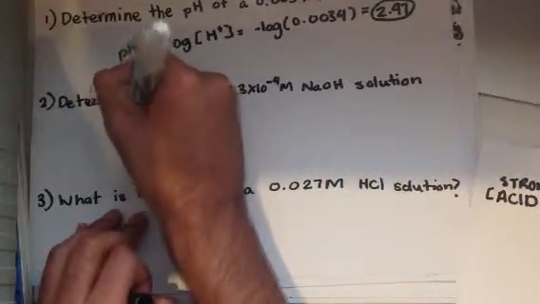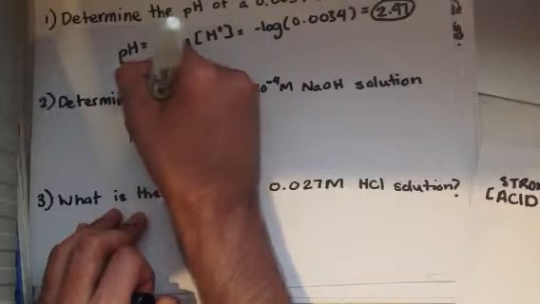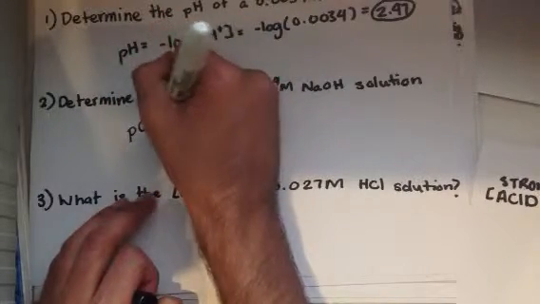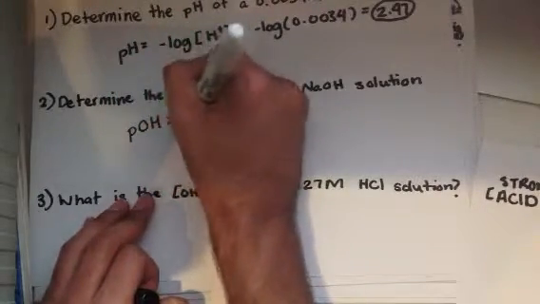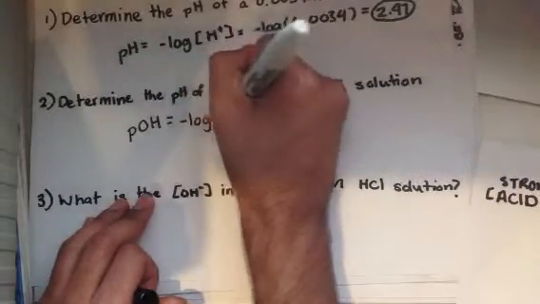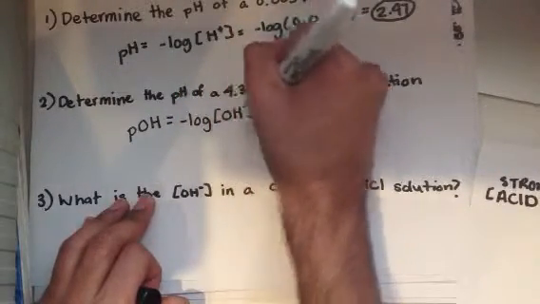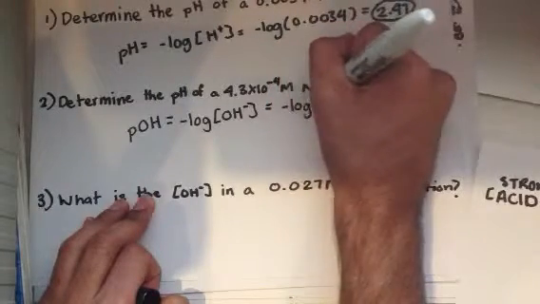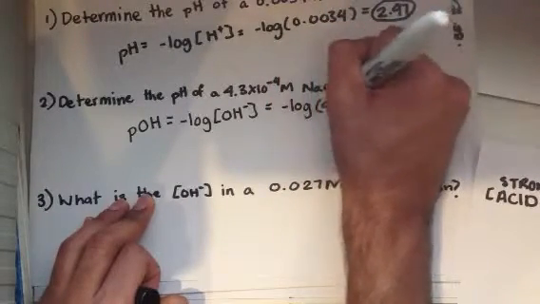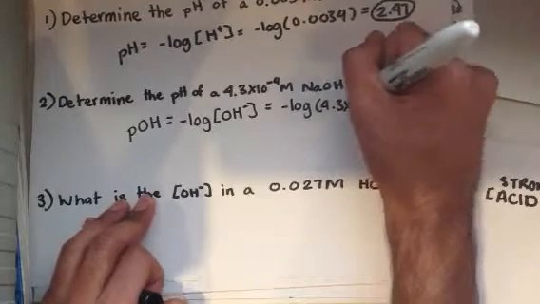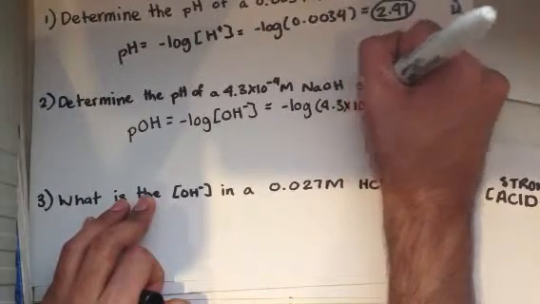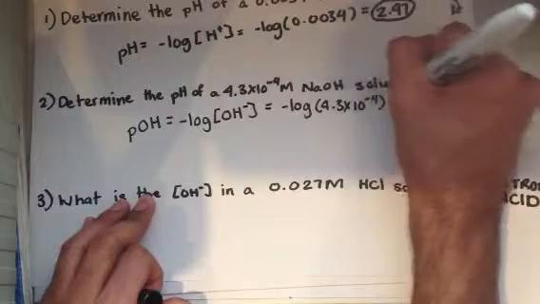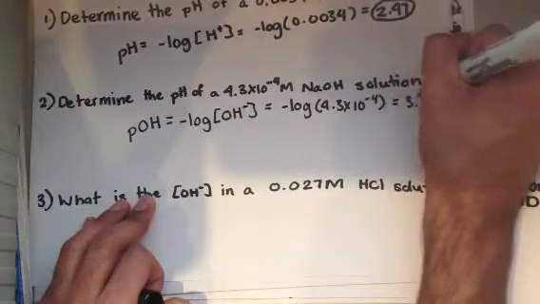So step 1, find the pOH using the concentration of the strong base, which is the negative log of 4.3 times 10 to the negative 4, which equals 3.37.